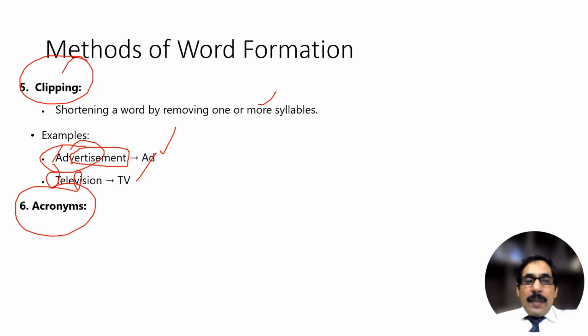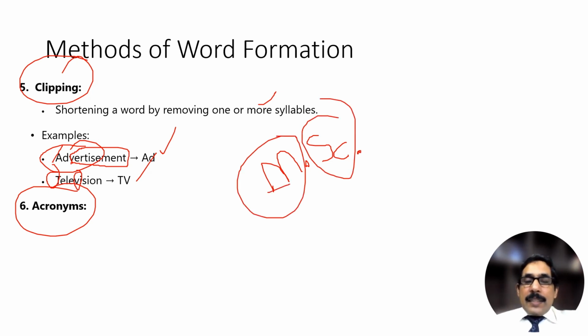Next one is acronyms. Please make it clear, acronyms and abbreviations have a little bit of difference. When we use the first one or two letters of a word, that is called an abbreviation. For example, MSc. These two letters are an abbreviation of Master and Science.